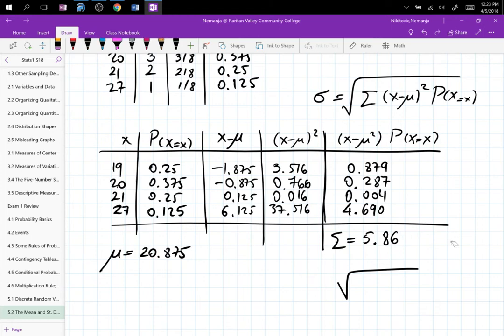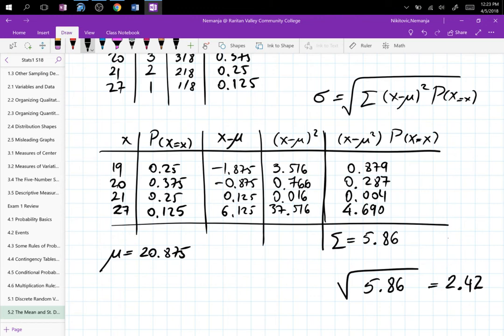And we take the square root of that. 2.40.